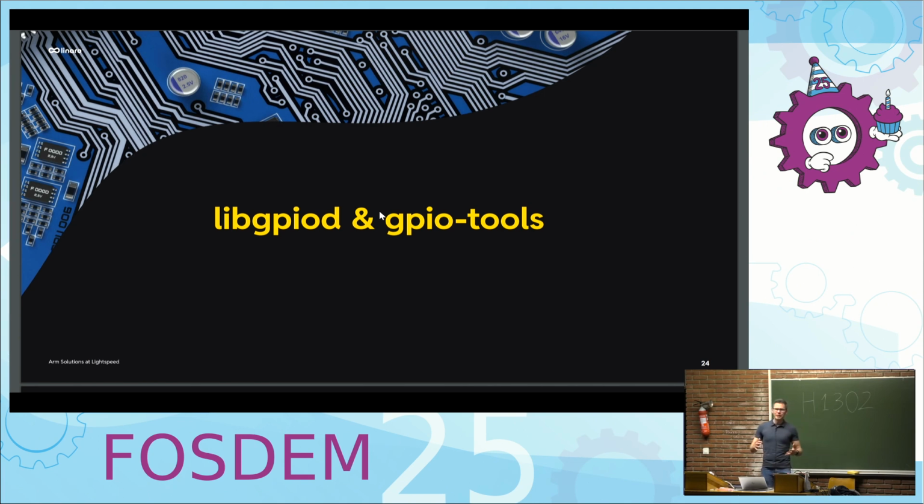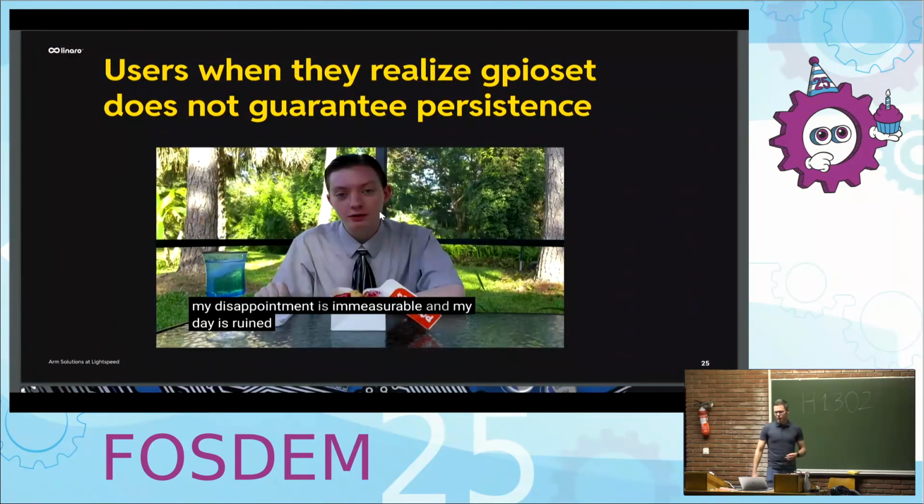However, the character device inherently works with file descriptors, and file descriptors in Unix systems, when the last process that holds a reference to a given file descriptor exits, well, the file is closed. And that has caused a lot of confusion for people that were used to sysfs, because they realize very fast that the state of a GPIO is not guaranteed when GPIO set, the program that sets a GPIO value, exits.